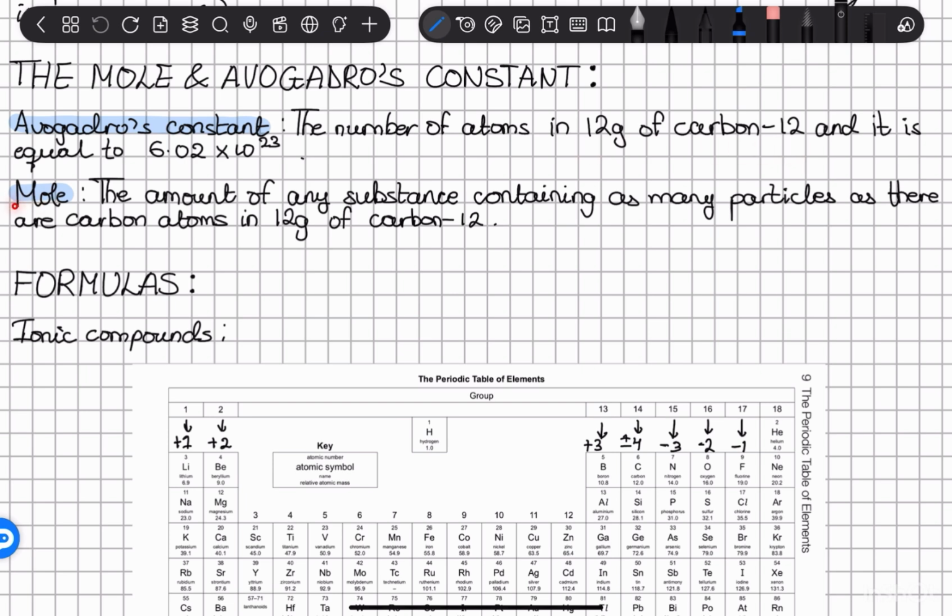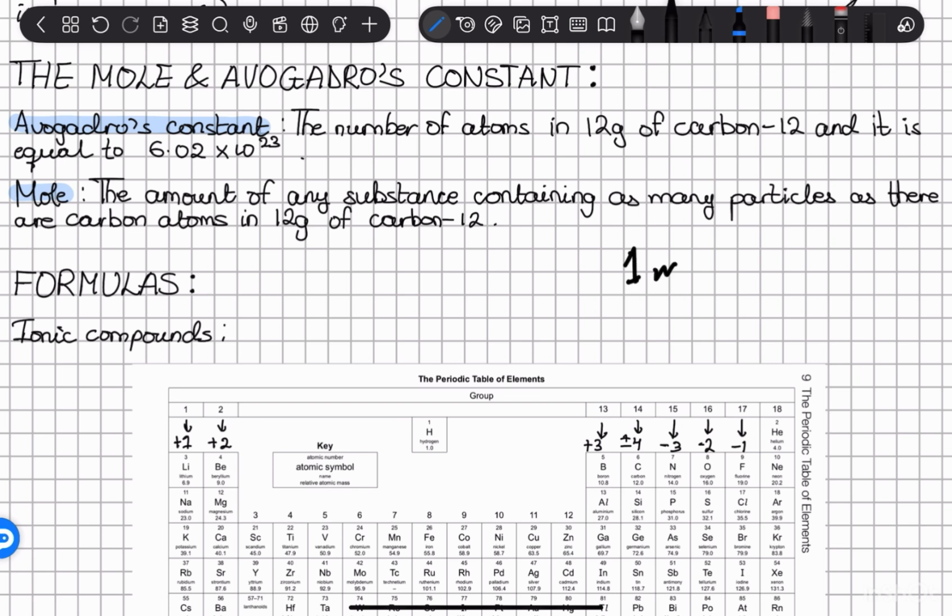So if we talk about the definition of a mole, the amount of any substance containing as many particles as there are carbon atoms in 12 grams of carbon 12. So the mole is like 1 mole of carbon 12.